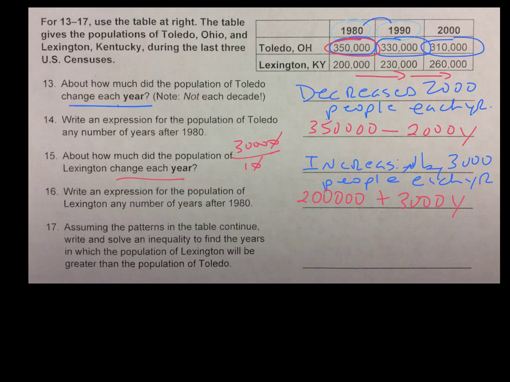Now, the last thing is we need to find the years in which the population of Lexington will be greater than Toledo. So that means Lexington has to be greater than Toledo. Here's Lexington, here's Toledo. So we're going to take both of those expressions. I'm going to minimize this a little bit, and then I'm going to put this right here. So Lexington has to be greater than Toledo.